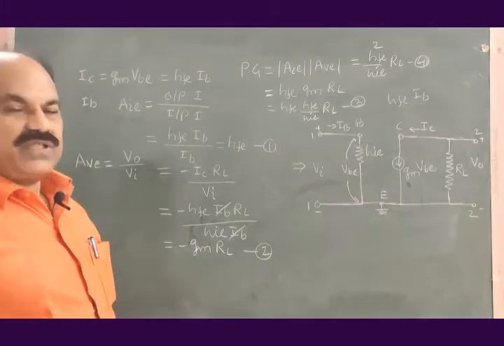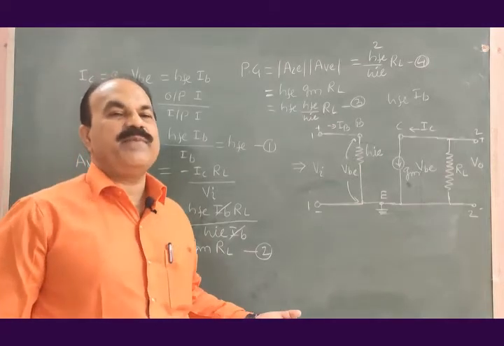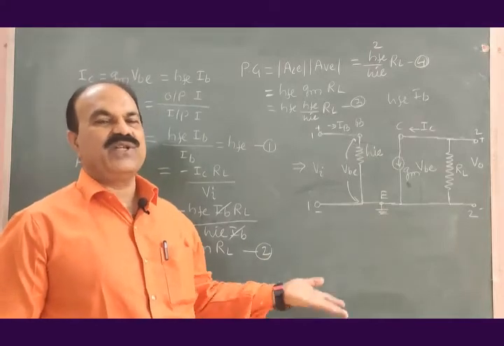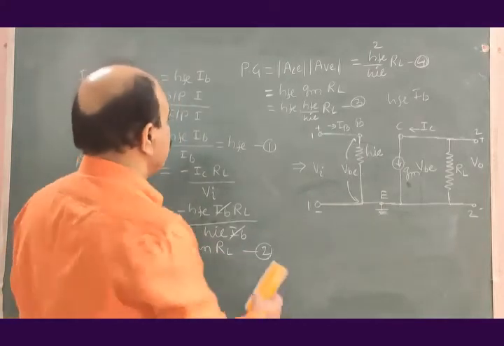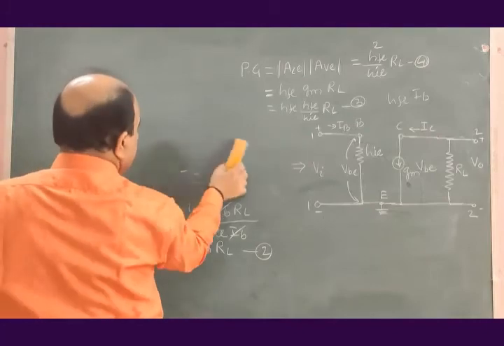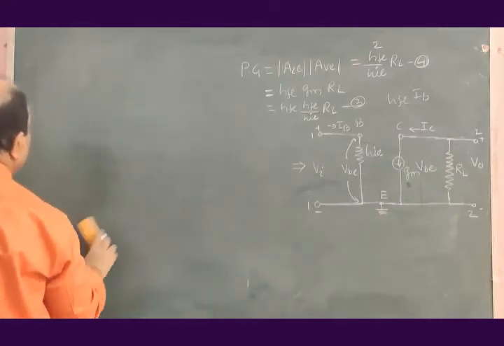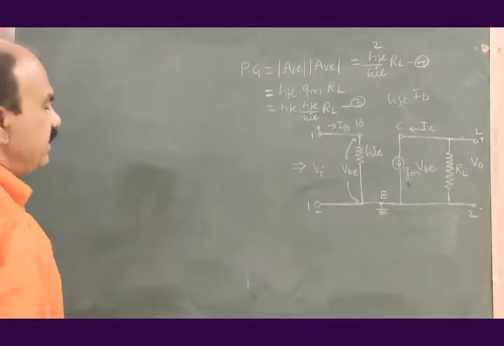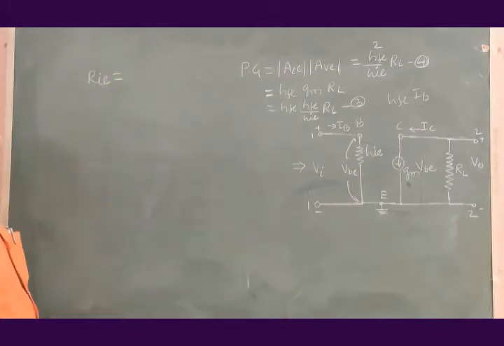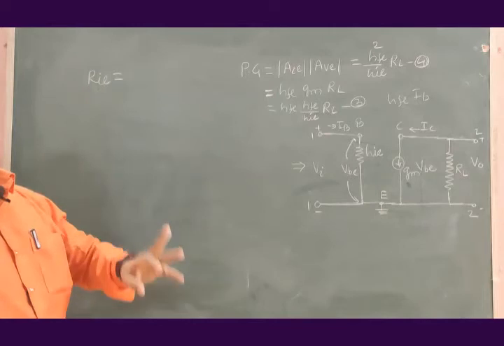After having found current gain, voltage gain, power gain of the CE amplifier, now it is time to find input impedance and output impedance of the CE amplifier. Input impedance of the CE amplifier is defined as the ratio of input voltage to input current, RIE. I for input, R for resistance, E for common emitter.